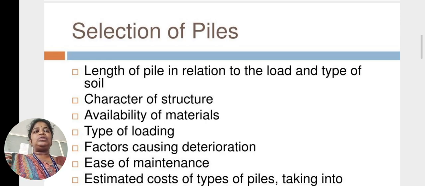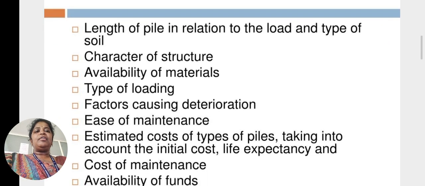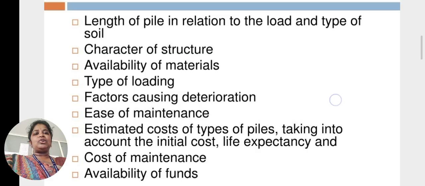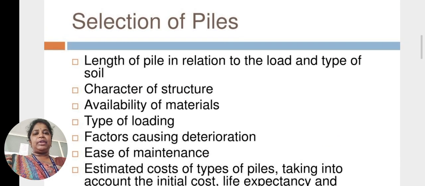So based on this, selection of piles is done: character of structure, availability of materials, type of loading, factors causing deterioration, ease of maintenance, estimated costs of types of piles, taking into account the initial cost, life expectancy and cost of maintenance, and availability of funds. All these factors play a very important role for the selection of piles.